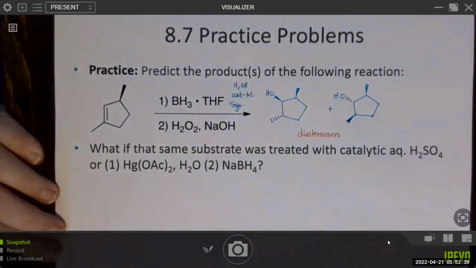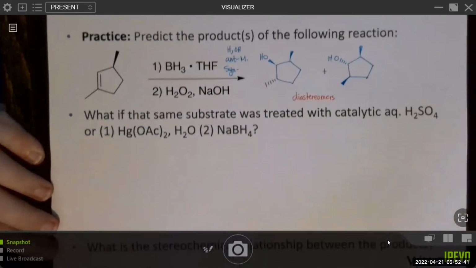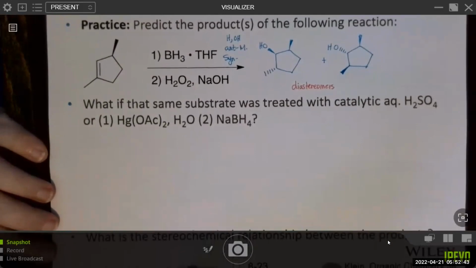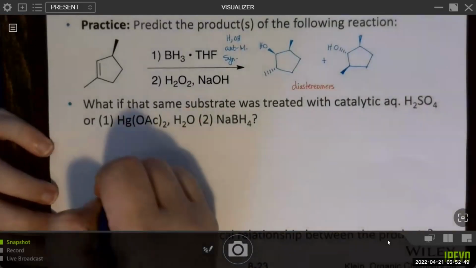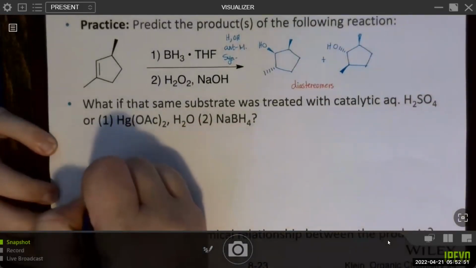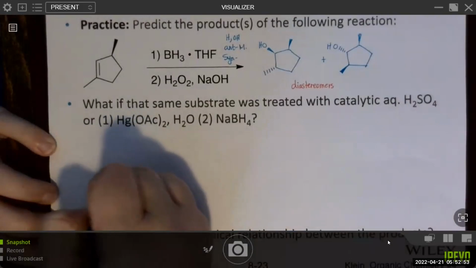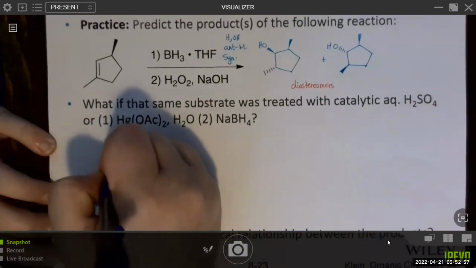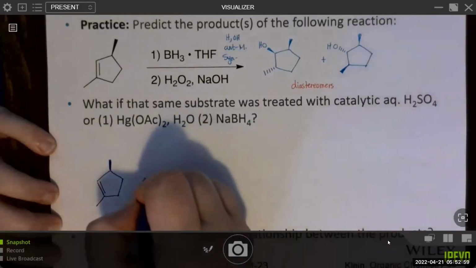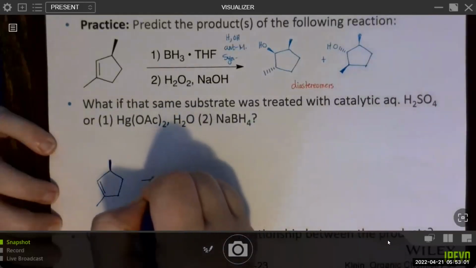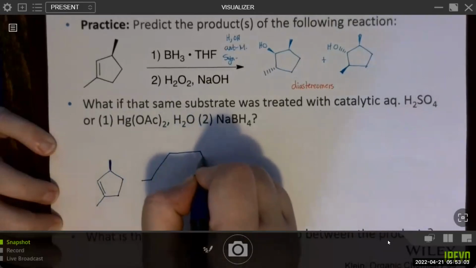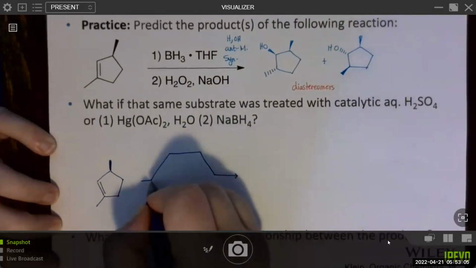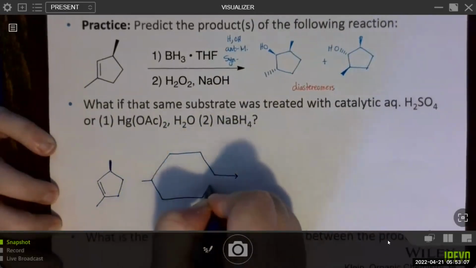Let's look at what would have resulted if the same substrate was treated with Markovnikov hydration conditions. I'm going to go ahead and draw the same substrate in, and then draw two different reaction conditions.